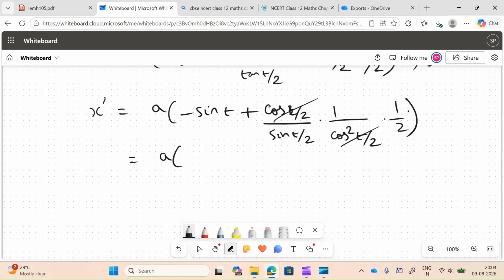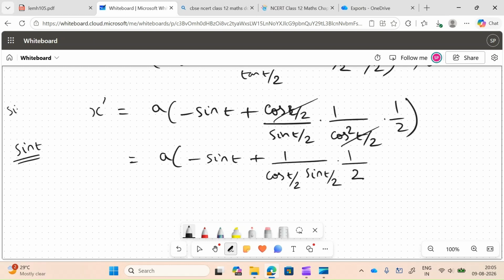So this will be nothing but a of, yes, cos square will get cancelled. So minus sin t plus 1 by cos t by 2 sin t by 2. Now 1 by 2 is also there. Now 2 cos t by 2 sin t by 2 will be nothing but sin t. How? The sin 2t formula is there, right? You will write that as 2 sin t cos t.